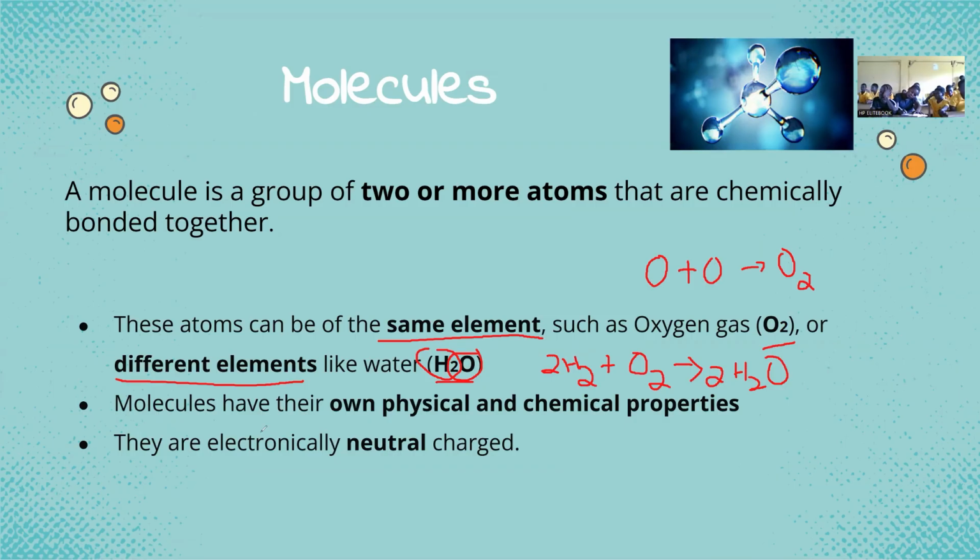And molecules have their own physical and chemical properties. They have their different properties and they are also electronically neutral. There are some molecules where there are charges attached, but most of these are formed and are not really natural.